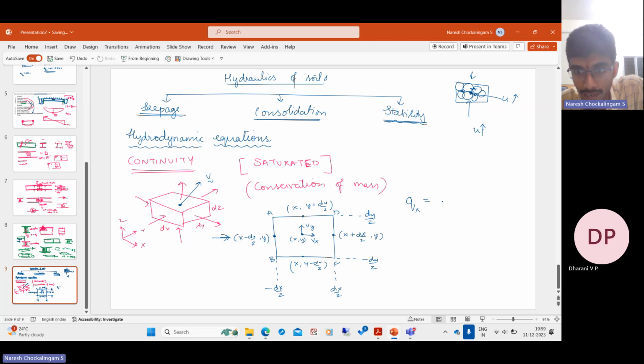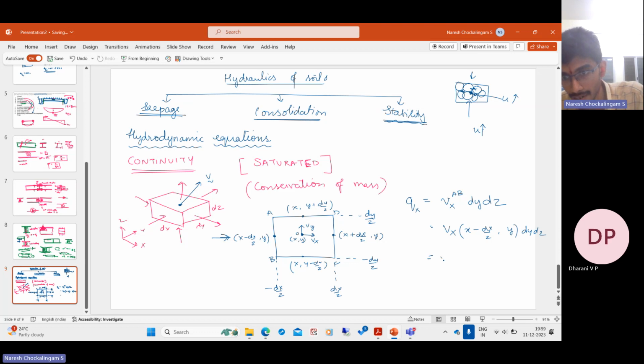Qx will be the velocity in the x direction on the face AB into the area of the face AB, which is dy into dz. But what is Vx of AB? It is Vx at the center, which is O. So it is like Vx of x minus dx by 2, comma y, dy dz.